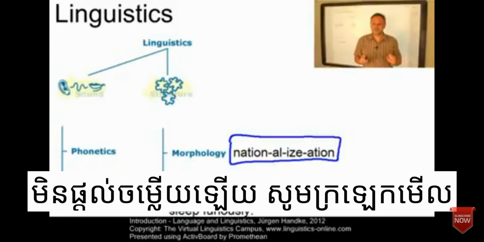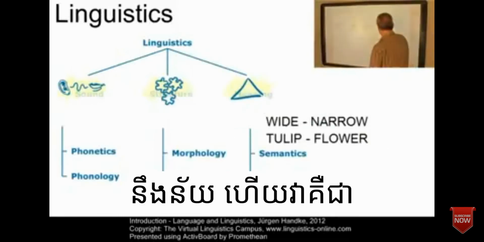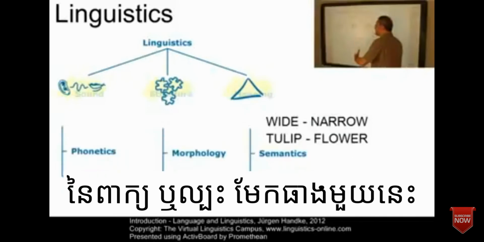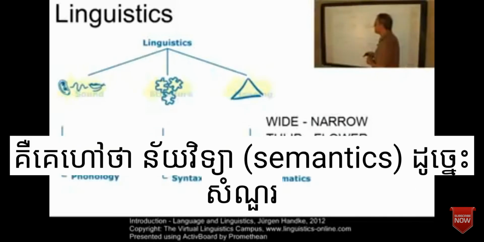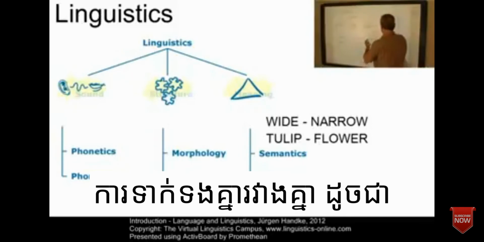Let's look at the next branch, the branch that deals with meaning. And here, of course, in this big branch, we could look at the meaning of words or sentences in the branch referred to as semantics. So interesting questions could, on the one hand, be: what is the relationship between items such as wide and narrow?